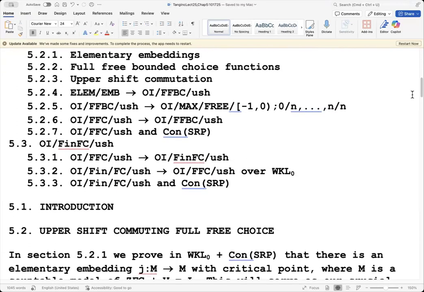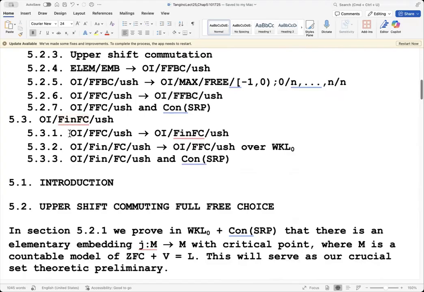All right. So with this finite statement, we actually show the finite statement follows from the infinite statement, and that turns out to be very easy, as you'd expect. And for the reversal, we have to show the finite statement implies the infinite statement over WKL naught.